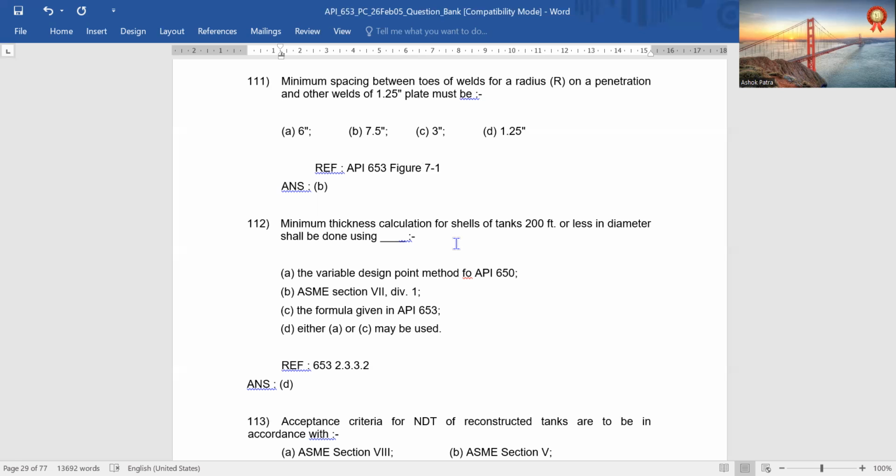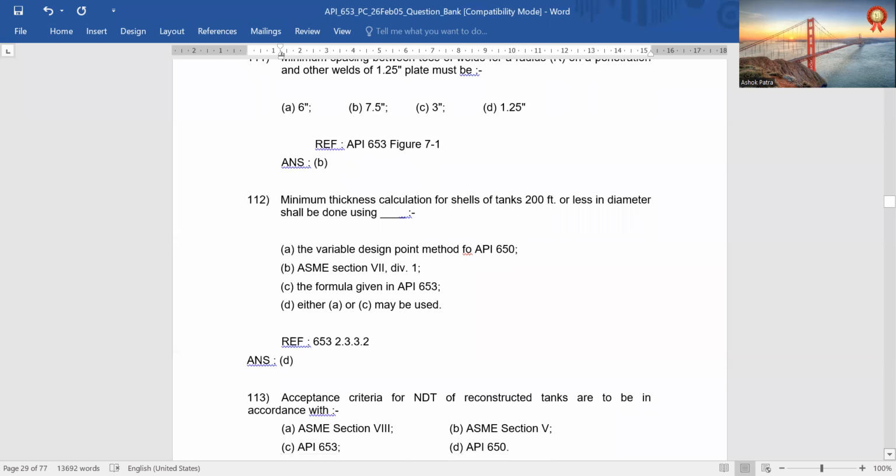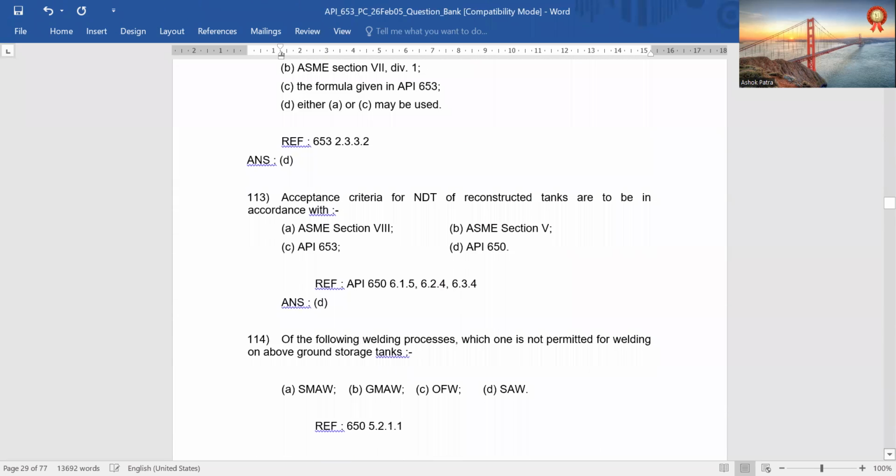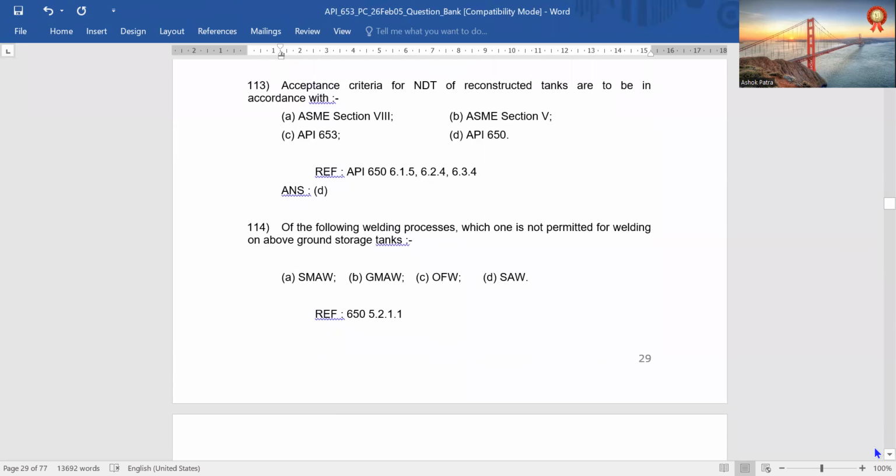The minimum thickness calculation for shells of tanks 200 feet or less in diameter shall be done using either the variable design point method of API 650 or the formula given in API 653. Either A or C may be used. Acceptance criteria for NDT of reconstructed tanks are to be in accordance with API 650.